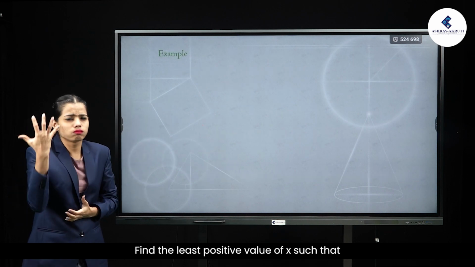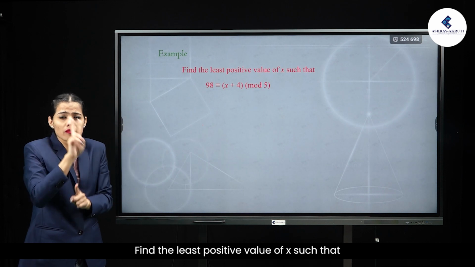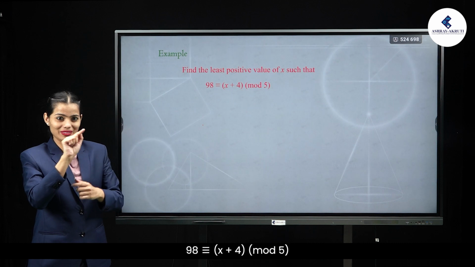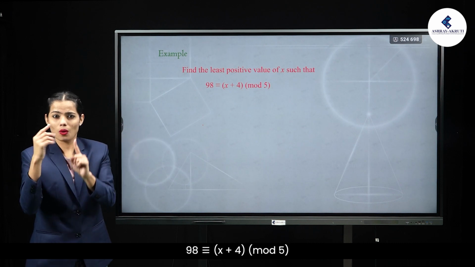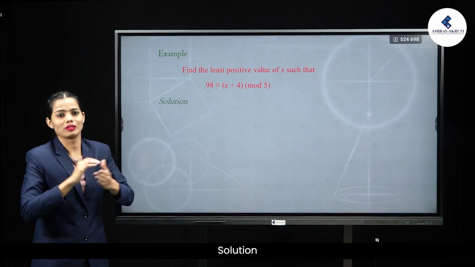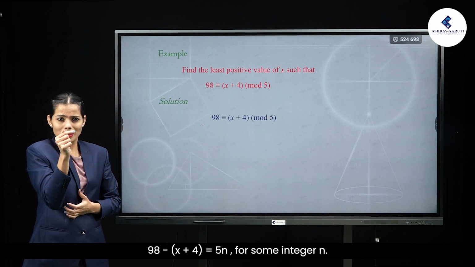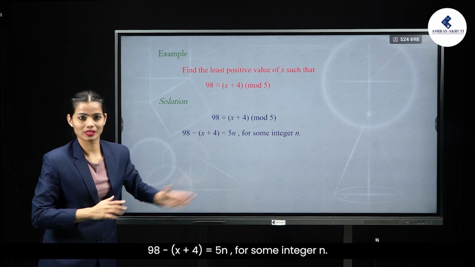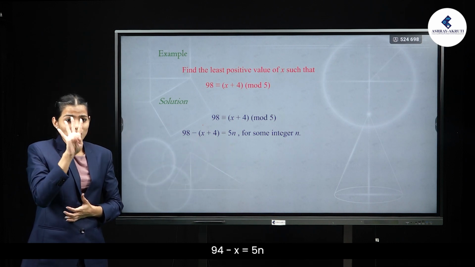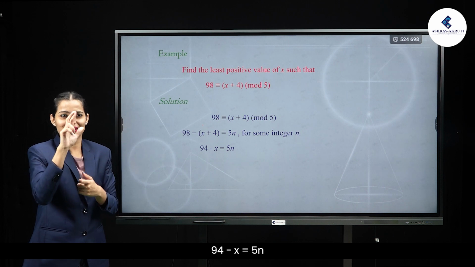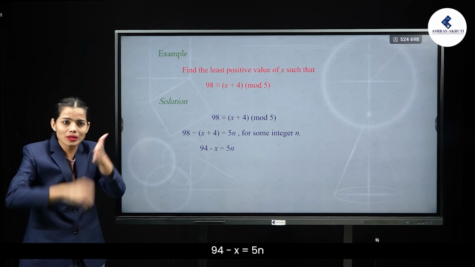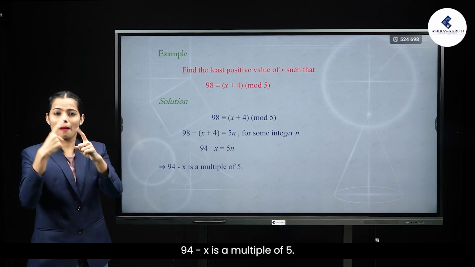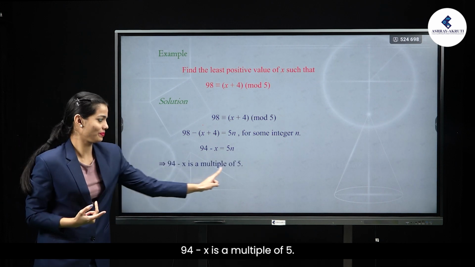Example: find the least positive value of x such that 98 is equal to x plus 4 mod 5. Solution: 98 minus (x plus 4) is equal to 5n for some integer n. 94 minus x is equal to 5n. 94 minus x is a multiple of 5.